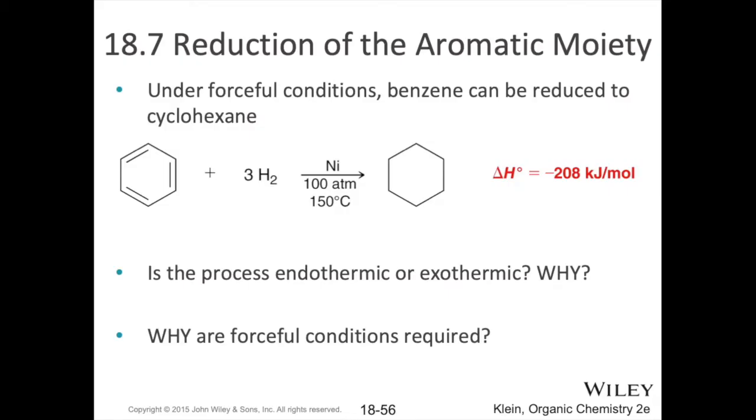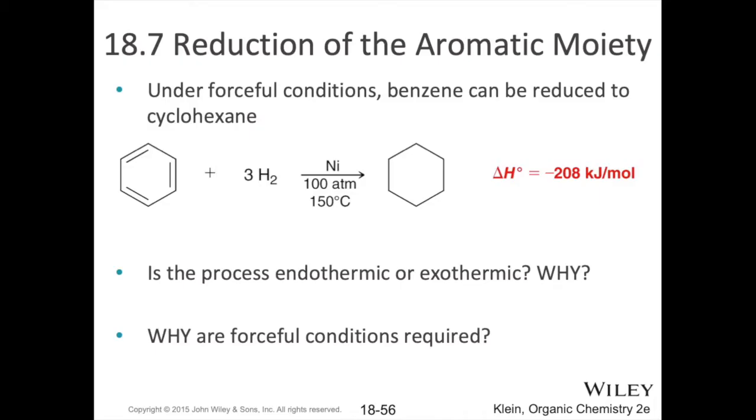We'll get into that in the next chapter, as well as a whole bunch of other electrophilic aromatic substitution reactions where we can add things onto the benzene ring, swapping out hydrogens for these other groups. But for now, we've pointed out that it's really hard to do reactions on the benzene ring. Benzene likes staying aromatic, and anything that takes it out of that aromaticity is generally difficult to do.